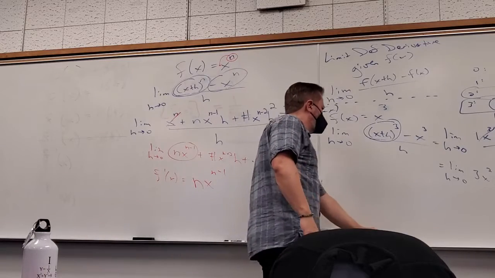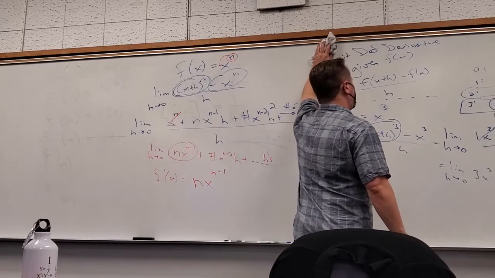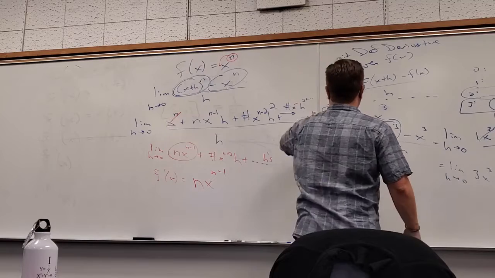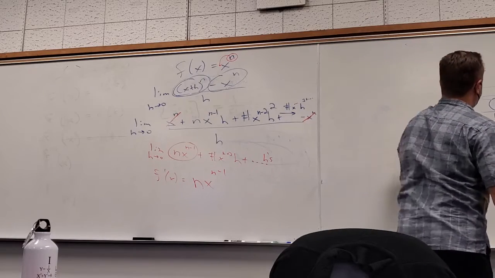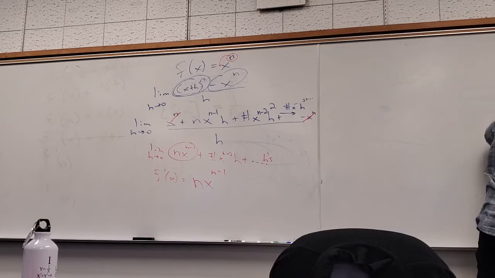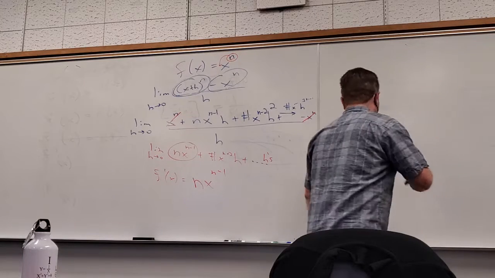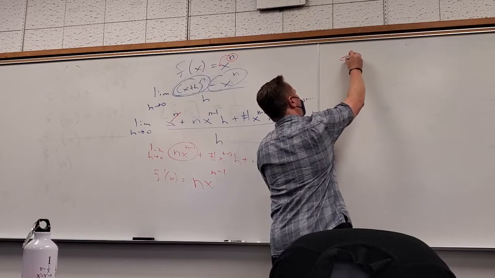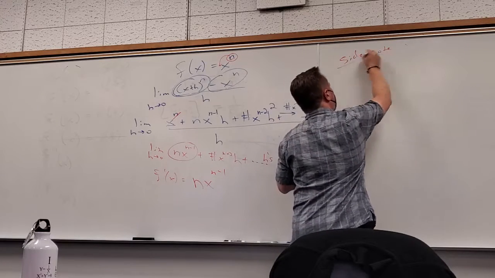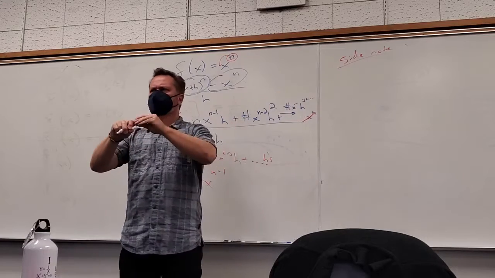I do want to say one thing. I'm not going to teach you combinations and stuff, but I do want to talk about one little notation that comes out of discussing combinations.